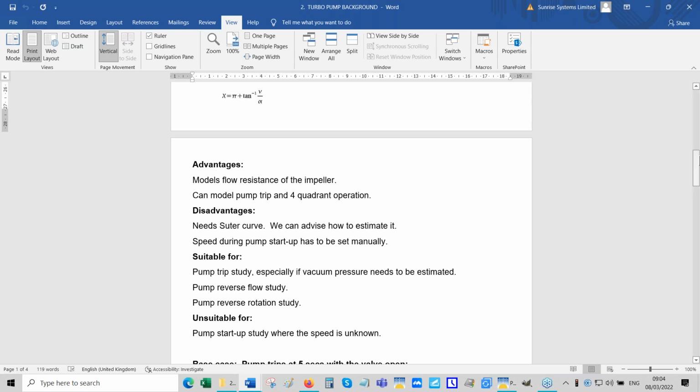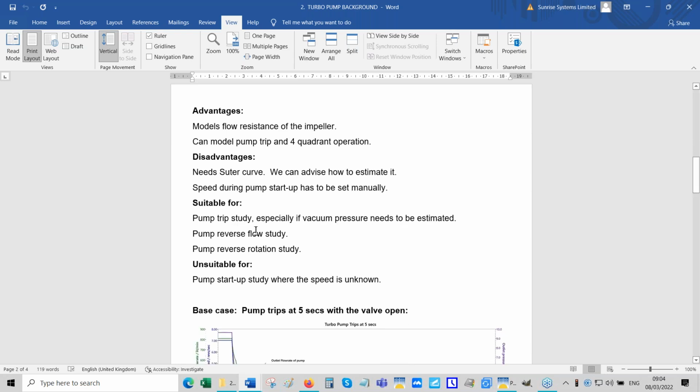It is suitable for pump trip study, especially where vacuum pressure needs to be estimated. There are applications of PIPENET where the downstream pressure can get very low. And we all know you can get cavitation during pump trip.